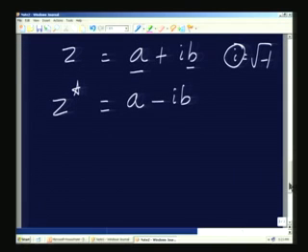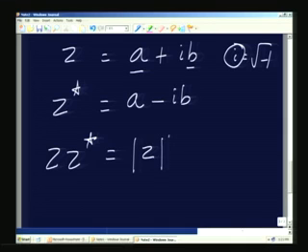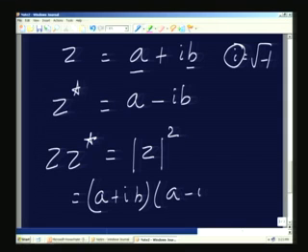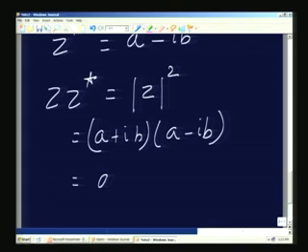What is its role? Its role is in defining z star z, or the absolute value of z squared, which, if you do the simple multiplication A plus iB times A minus iB, you get a real number, A squared plus B squared. The iBs and minus iBs will cancel.